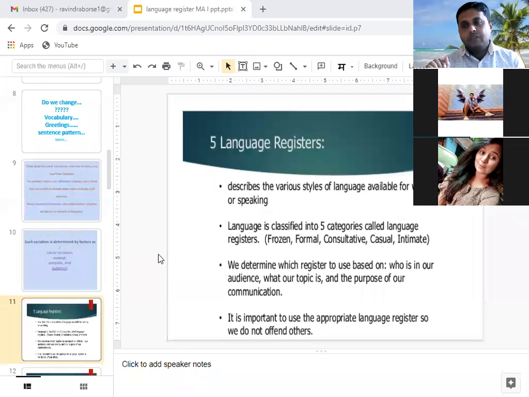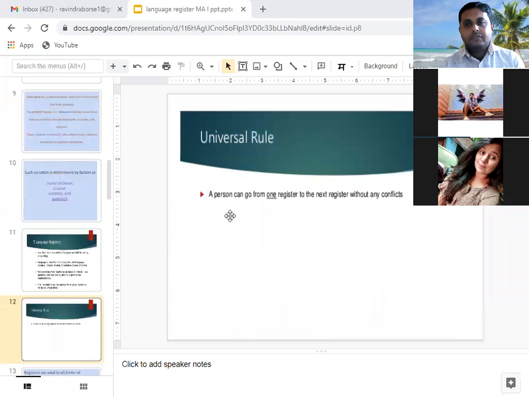And as per the situation, we have five categories of language. That is frozen, then formal, then consultative, then casual, and then intimate. So we would go through each and every type of language register in our next slide.